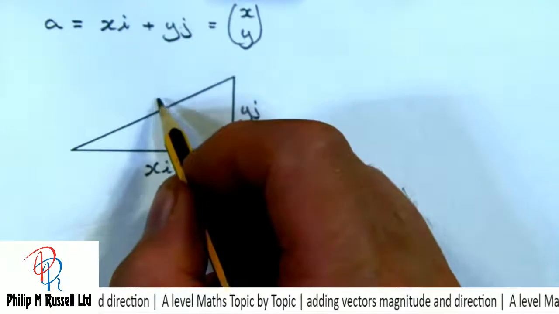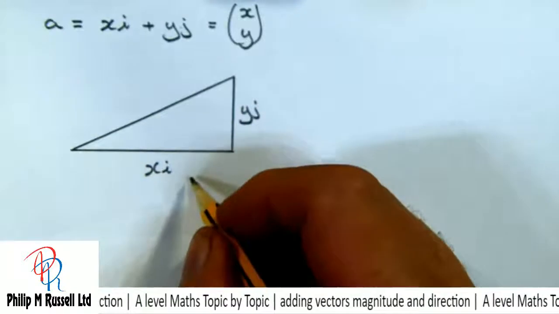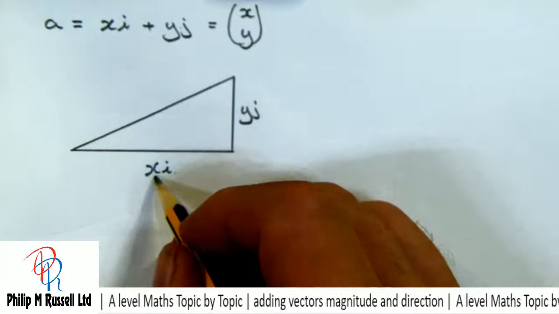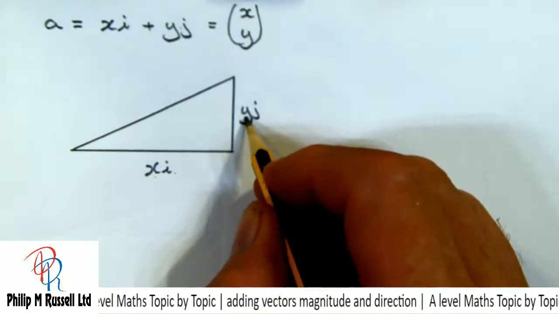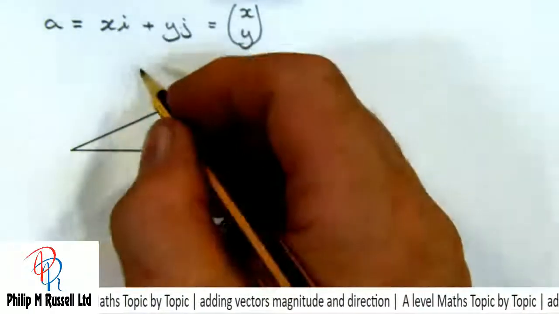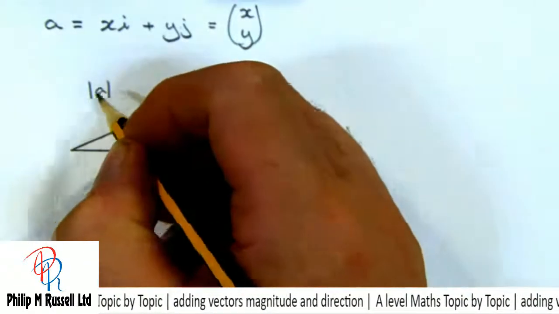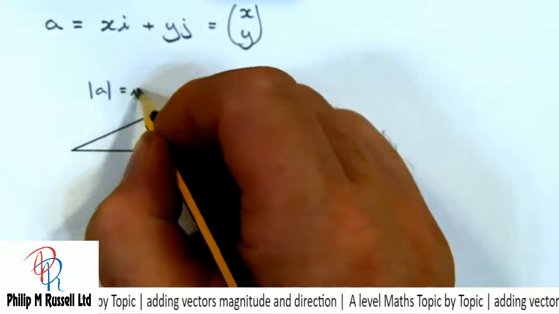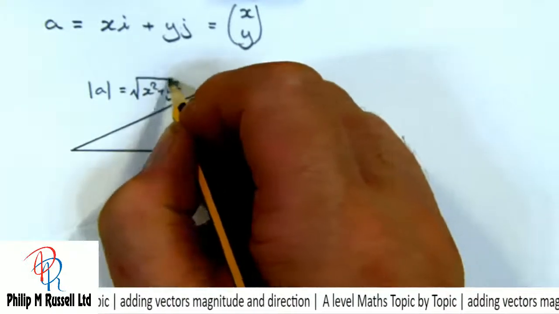To work out the magnitude, we're going to need to do x squared plus y squared, because this is simply Pythagoras, and so my magnitude is going to be the square root of x squared plus y squared.